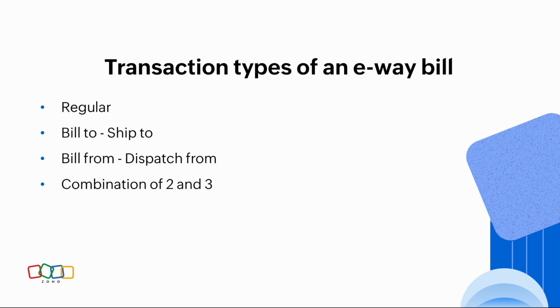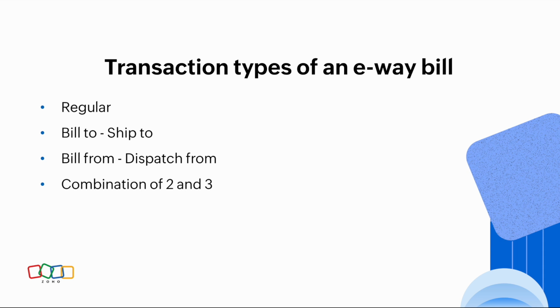Before we generate an e-way bill, let us understand the various transaction types involved. The transaction type field in an e-way bill refers to the type of transaction taking place between the parties involved in the movement of goods. The factors that determine the transaction type are bill from, the person or organization sending the goods; dispatch from, the place where the goods are actually being dispatched; bill to, the person or organization who placed the order and is paying for the goods; and ship to, the person or organization who will receive the order.